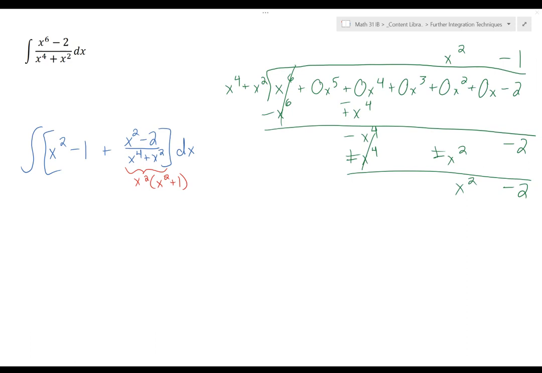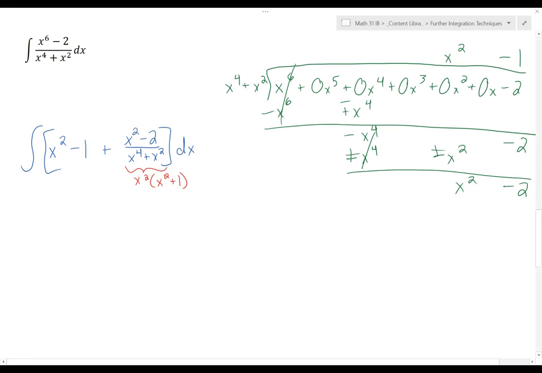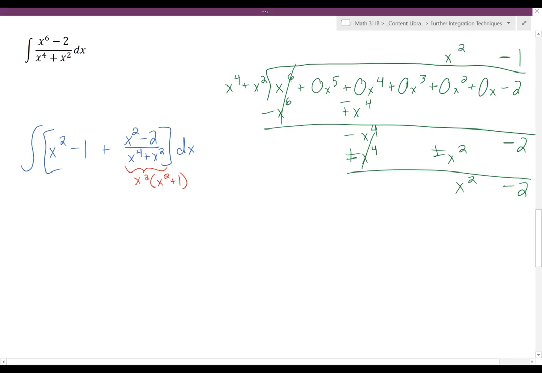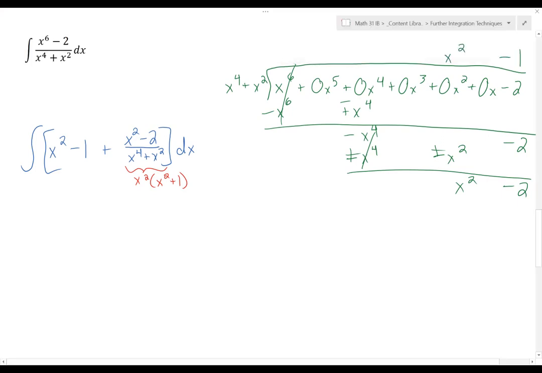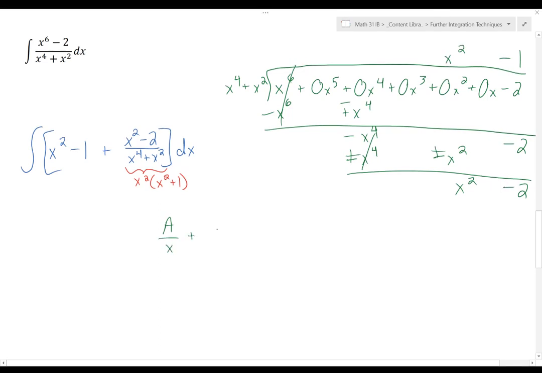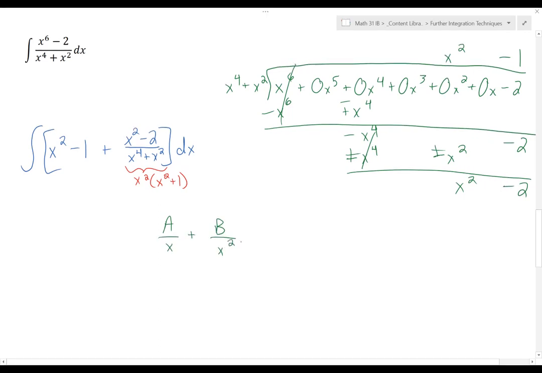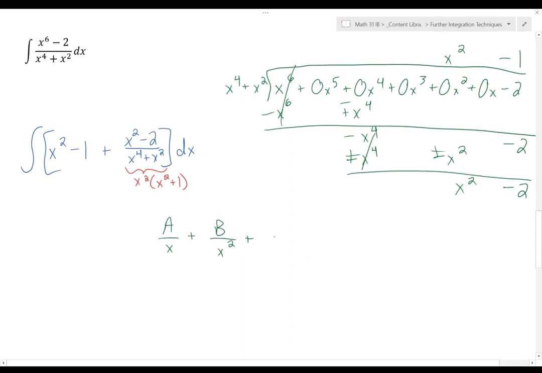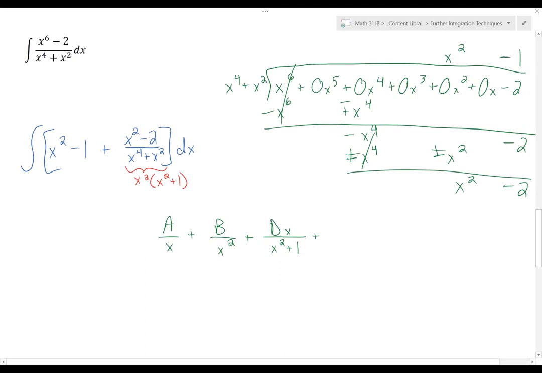Now, this gets a little bit gross because there are actually 4 fractions that I have to create here. So the results of the addition of A over x plus B over x squared plus Dx over x squared plus 1 plus, oh, I might as well use a C. I don't know why I suddenly skipped to D. So Cx over x squared plus 1 plus D over x squared plus 1.